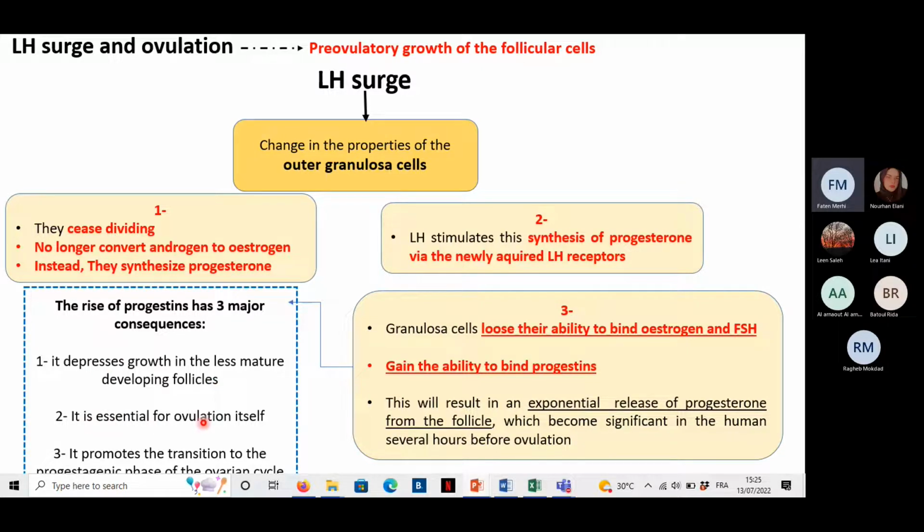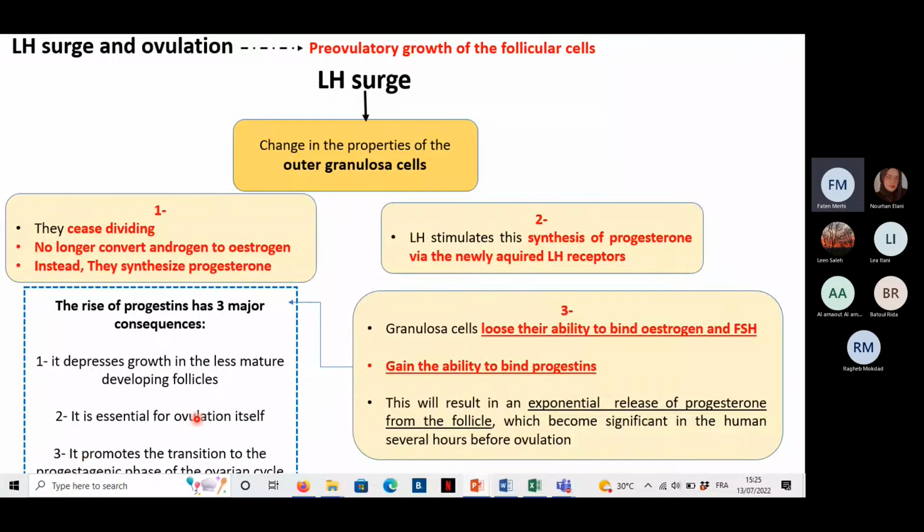It is essential for the ovulation. This progesterone will activate certain proteases. We will talk about them now. And those proteases will lead to the degradation of the membrane of the ovary and to the exit of the oocyte from the follicle and from the ovary, okay? So it is essential for the ovulation itself, and it promotes the transition to the progestagenic phase of the ovarian cycle.